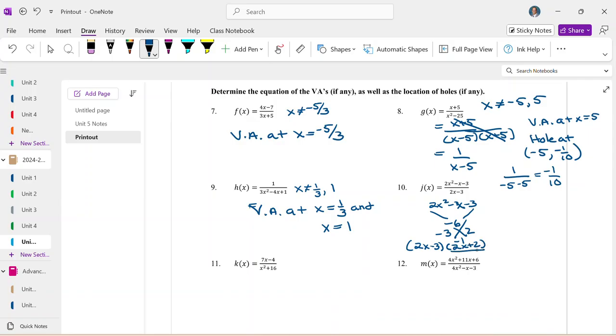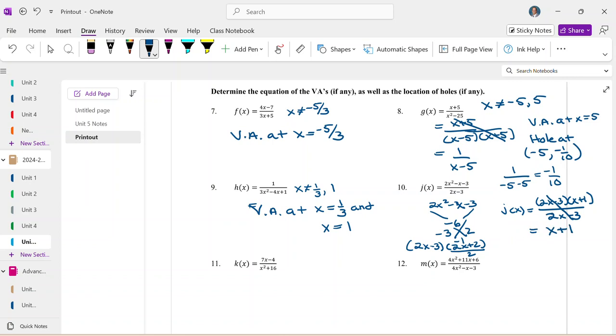So that means when you divide by 2 here, when you factor the numerator, it becomes 2x minus 3 and x plus 1. So notice this cancels here. So you're left with just x plus 1.